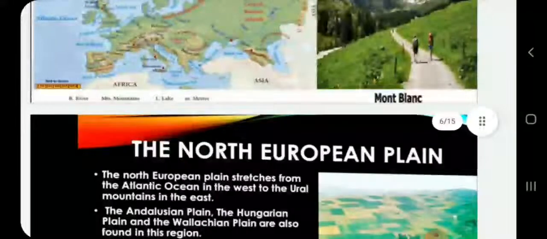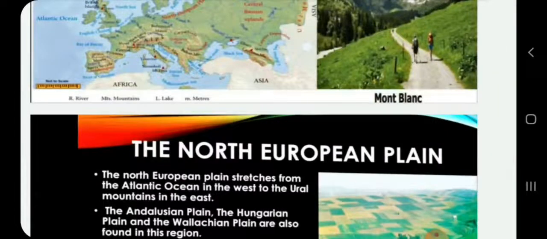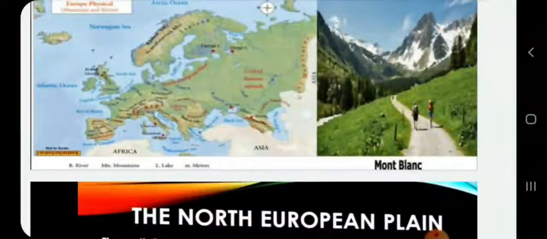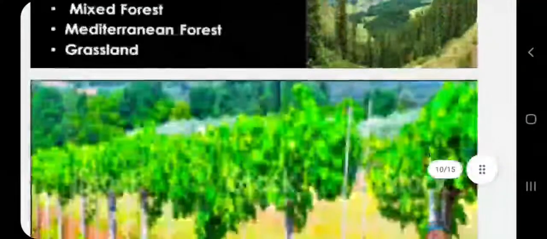The Alpine mountain systems. The mountain system consists of a chain of young fold mountains found in the southern part of Europe.